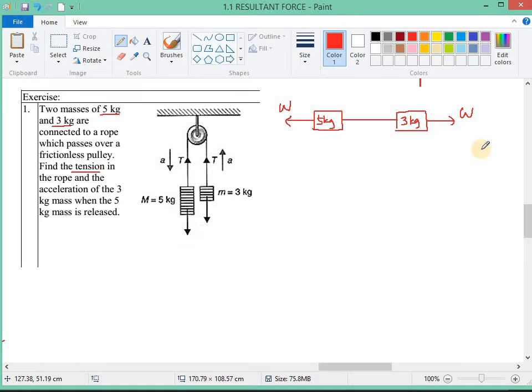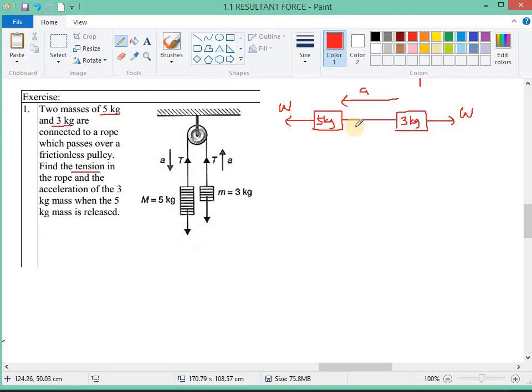Because the weight of the 5 kilogram is higher than the weight of the 3 kilogram, everything will accelerate in this direction. You see or not? When you draw it into this kind of situation, actually this is the same as this one, right? These two are actually the same.